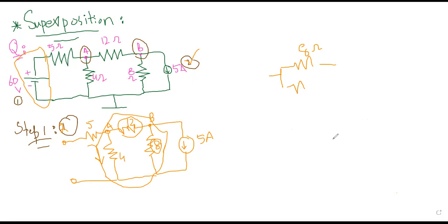So the answer is approximately 3.2 ampere. This is basically the value of current in this branch, that is 3.2 ampere.